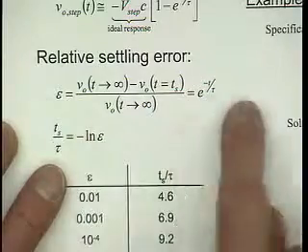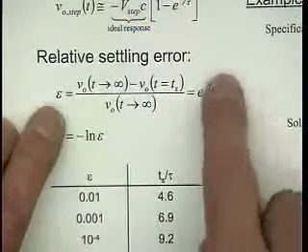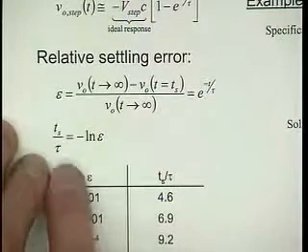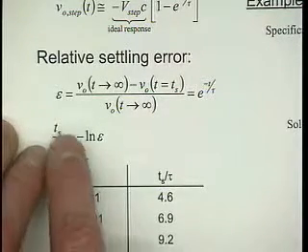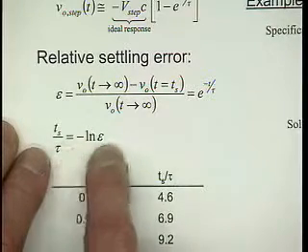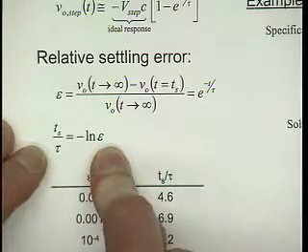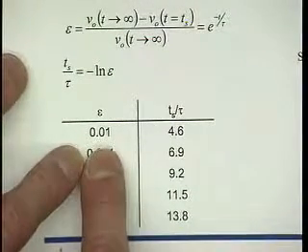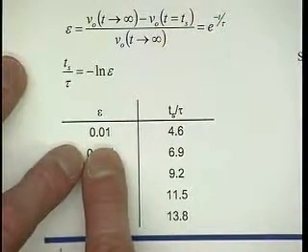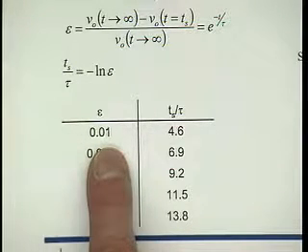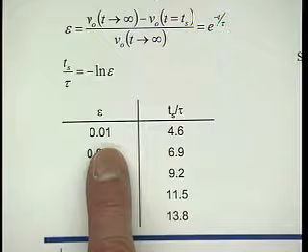So now I can invert epsilon. The relative error is equal to e to the minus t over tau. I can solve like this, and I can find out what is the ratio between the settling time and tau as a function of the accuracy that I'm demanding in my application. So if, for example, I set epsilon to 0.01, that means 1% accuracy. So that would be good enough for a scope screen, probably, right?